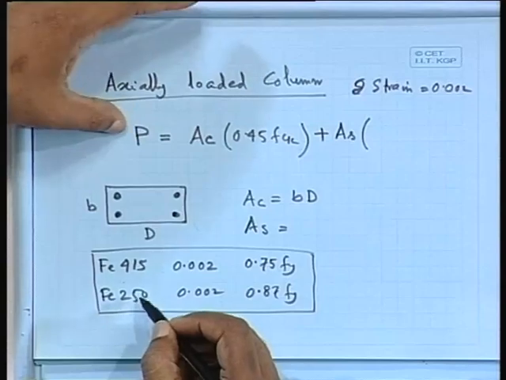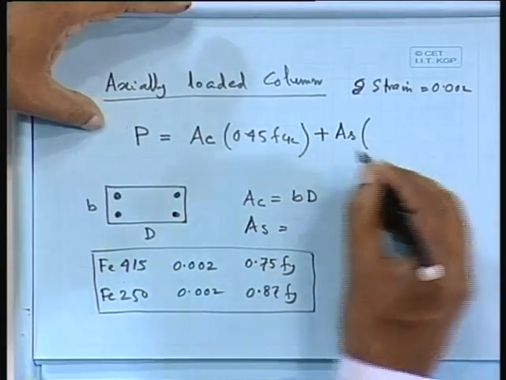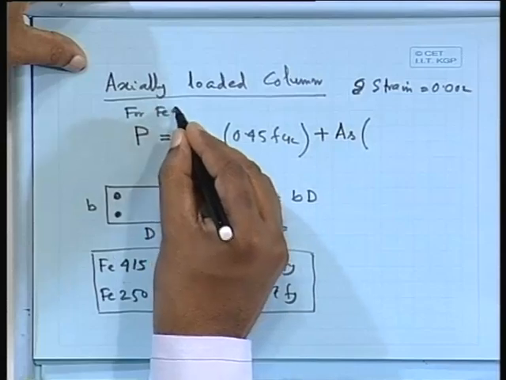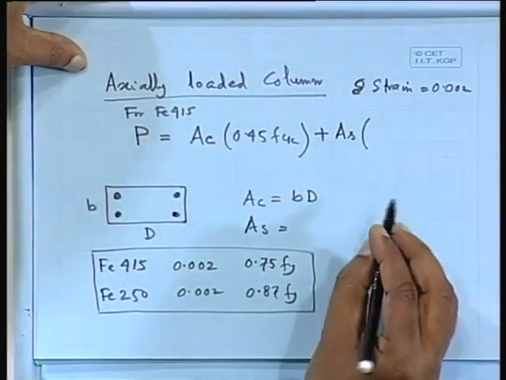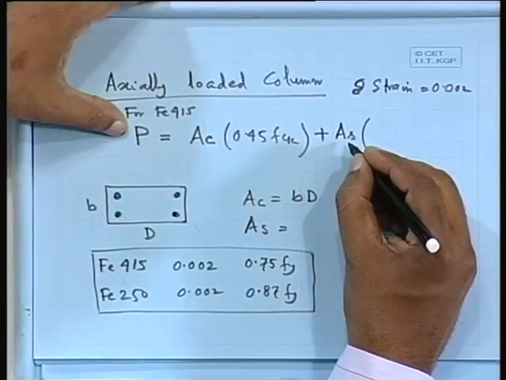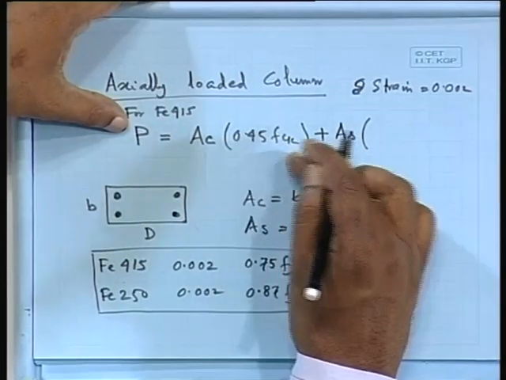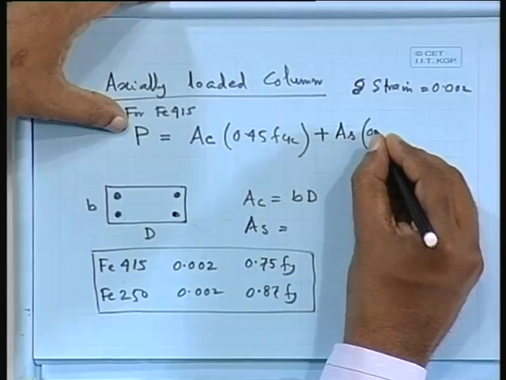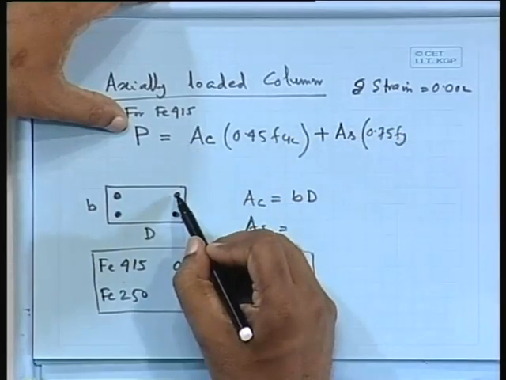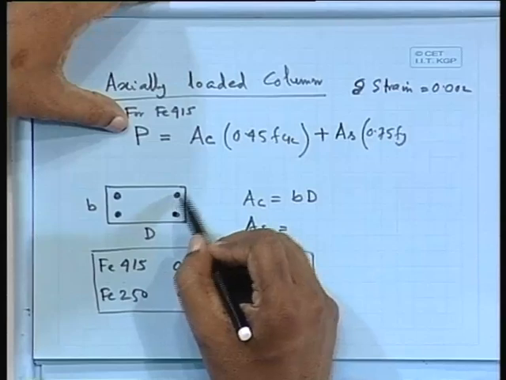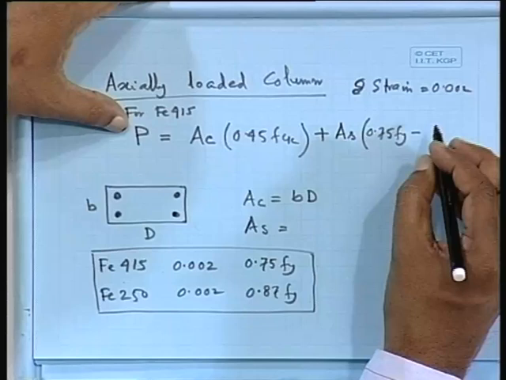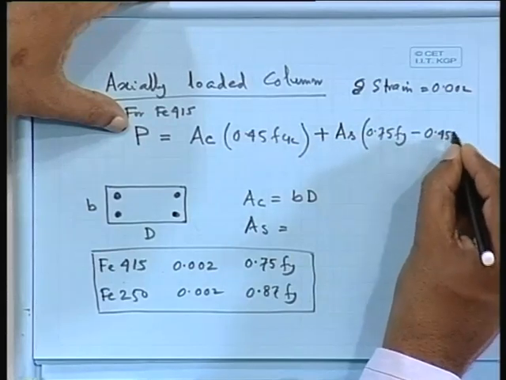So if we take now Fe415, let us write down here. For Fe415, P will be equal to the maximum load it can carry for concrete plus As times 0.75 fy, but we have already taken the concrete portion. So let us remove that concrete area, which is nothing but 0.45 fck.